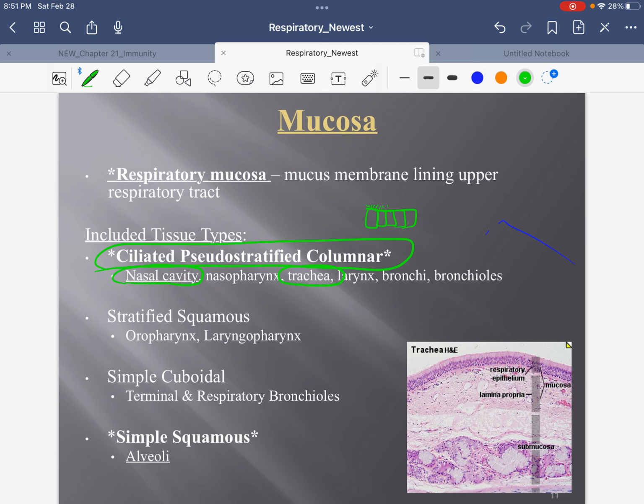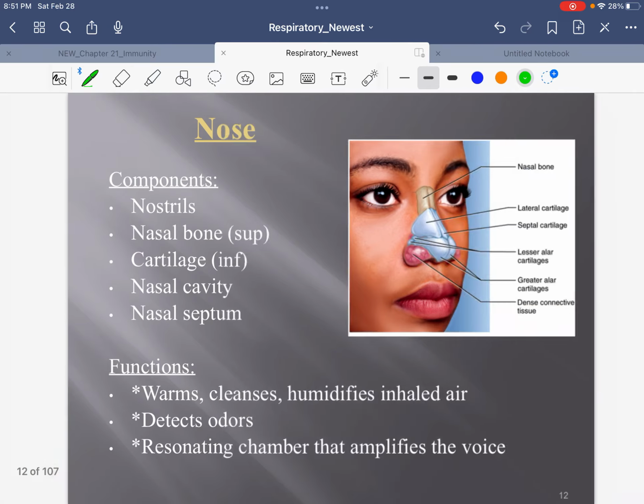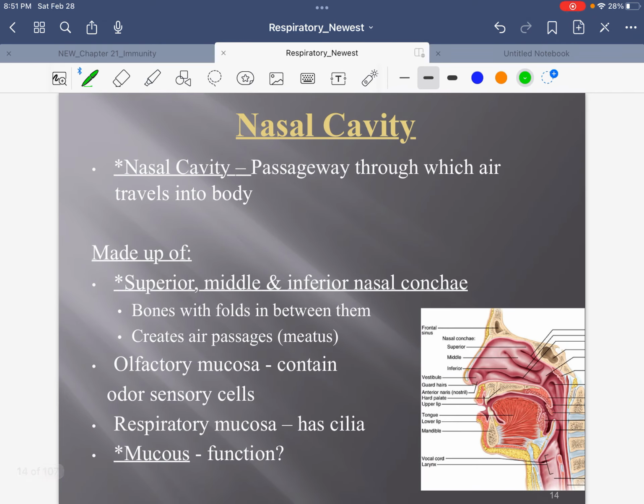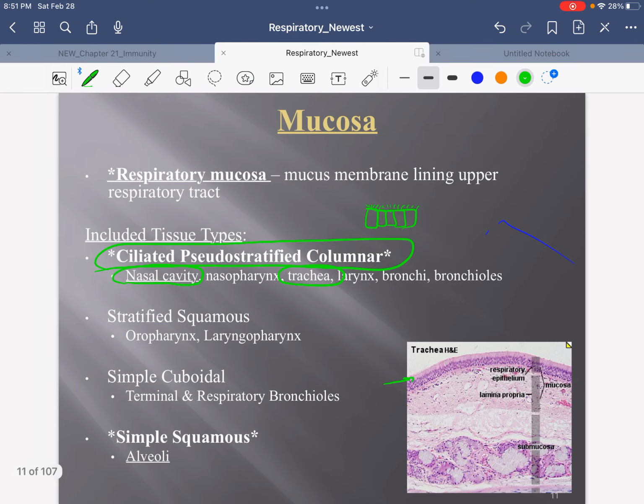They have little hairs. In the case of the nasal cavity and trachea, we rely on those little hairs. I've got a picture later on of those hairs. You'll see. Of course, those hairs are going to allow the upper respiratory tract to filter out foreign particles.